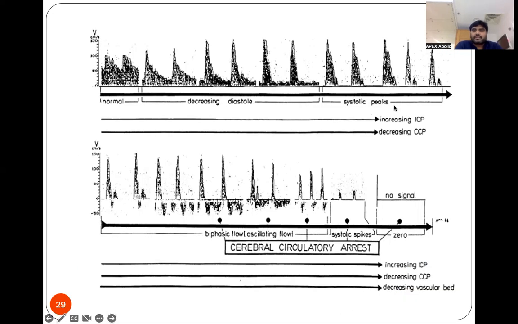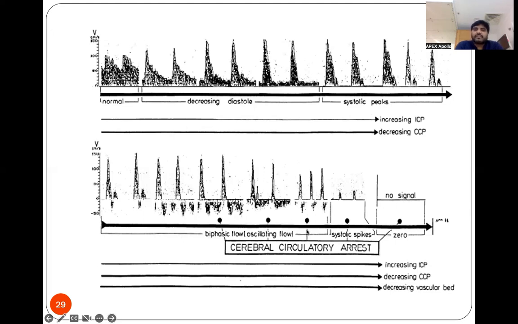The lower panel shows biphasic or oscillating flow with small systolic spikes, but there is no reverse flow, and the asymmetry between forward and reverse flow is not there.